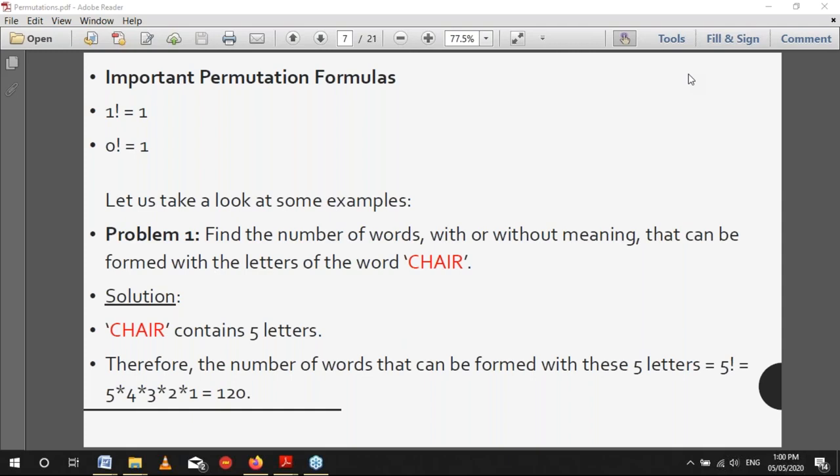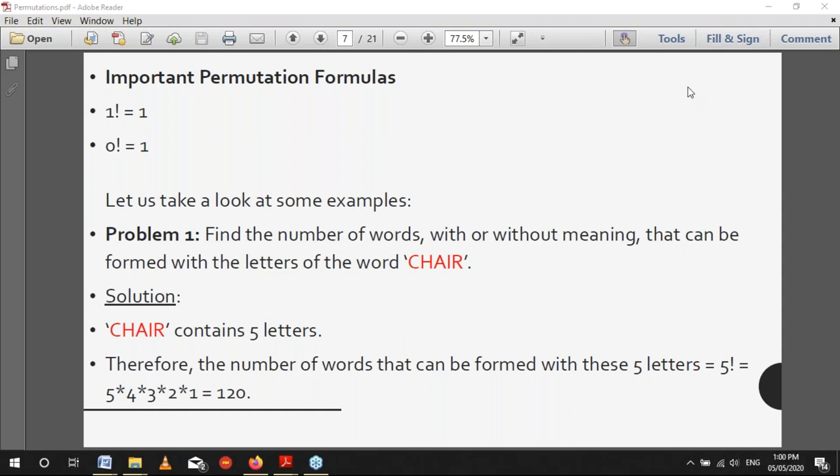Find the number of words, with or without meaning, that can be formed with the letters of the word chair. Now, for this solution, we're going to use permutation. So, how do we look at it?